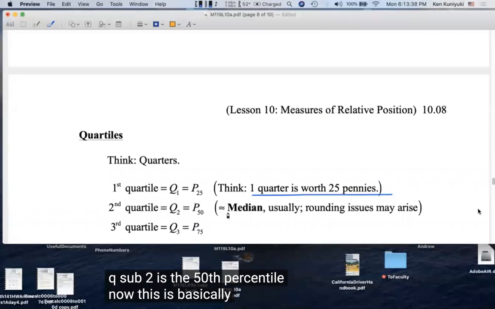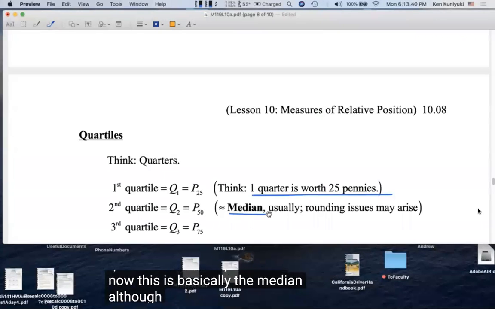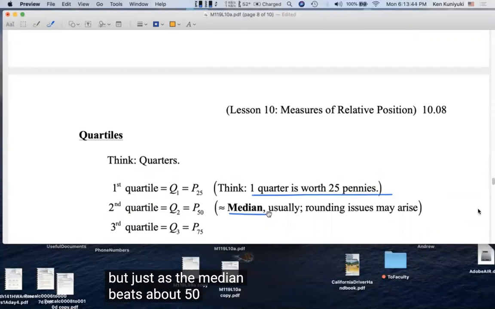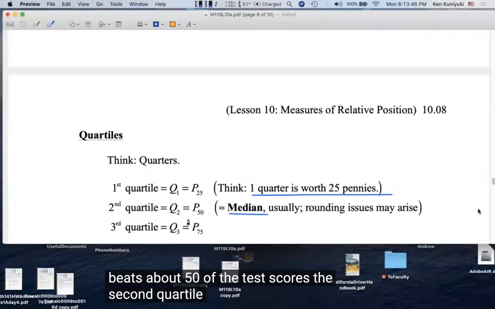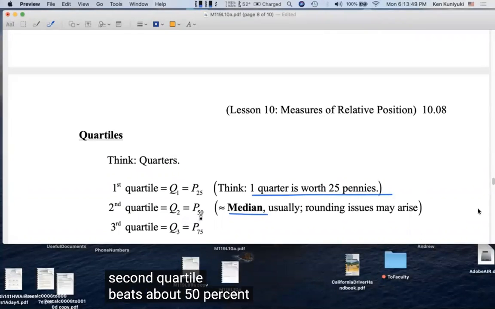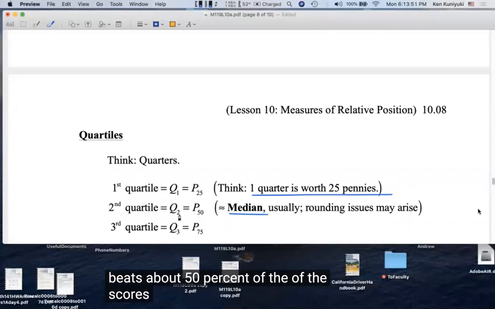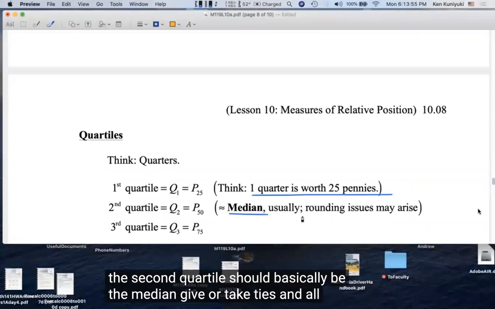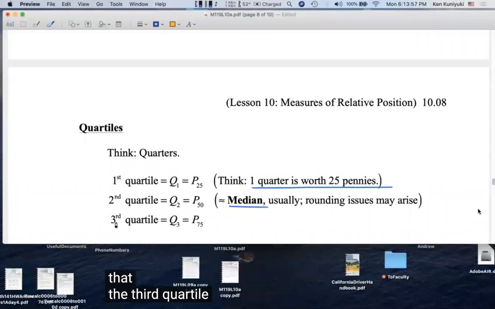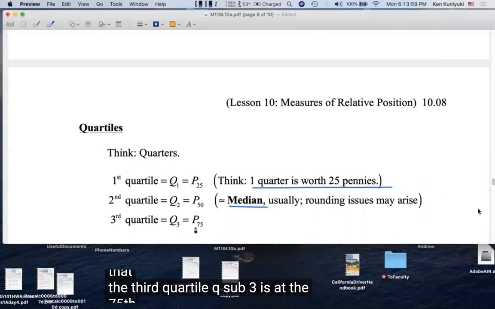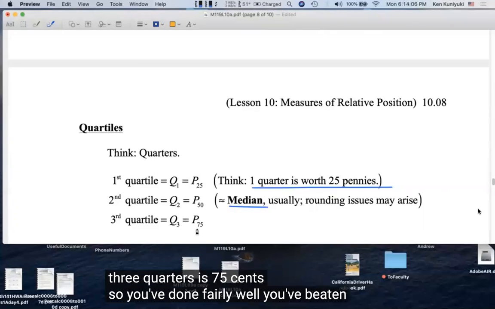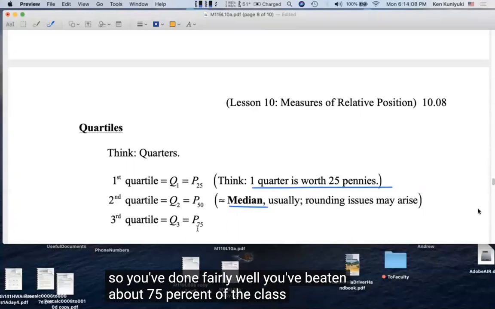Now, this is basically the median, although there could be rounding issues, but just as the median beats about 50% of the test scores, the second quartile beats about 50% of the scores. The second quartile should basically be the median, give or take ties and all that. The third quartile, Q sub 3, is at the 75th percentile. 3/4 is 75 cents. So you've done fairly well. You've beaten about 75% of the class.